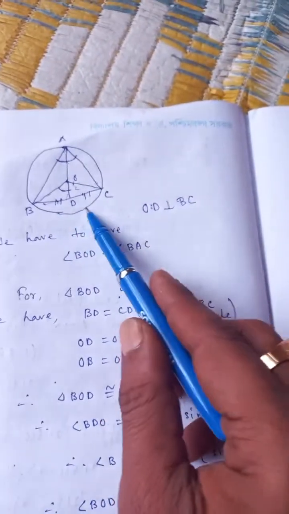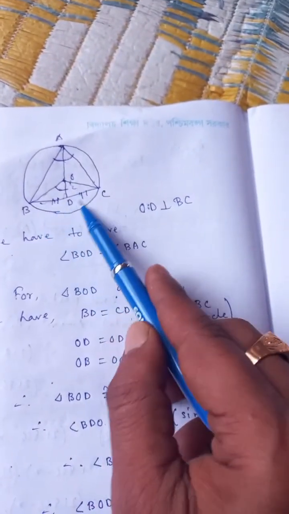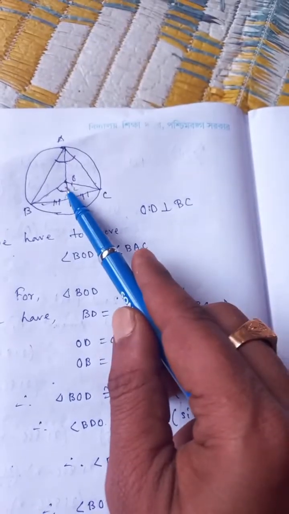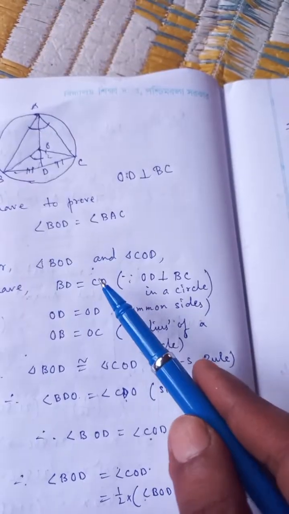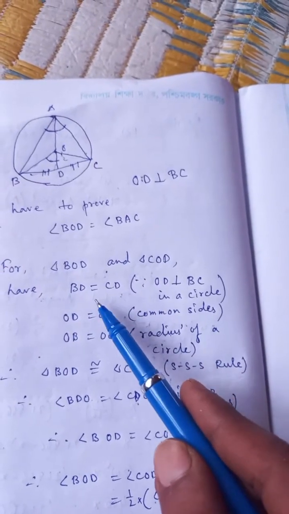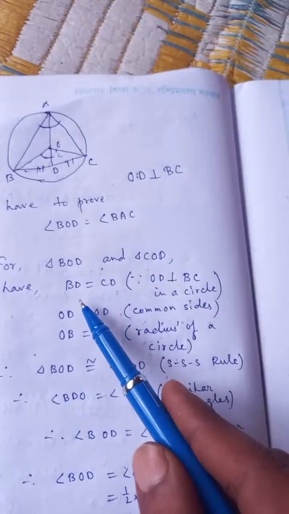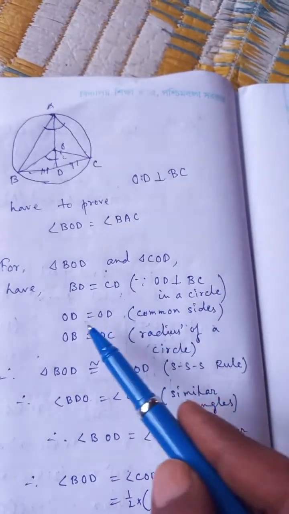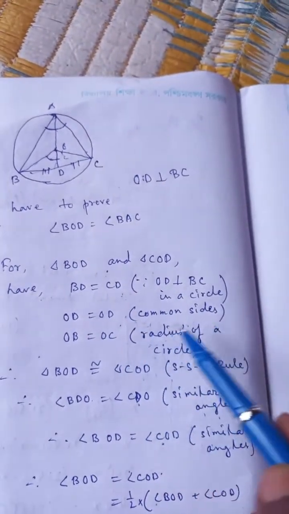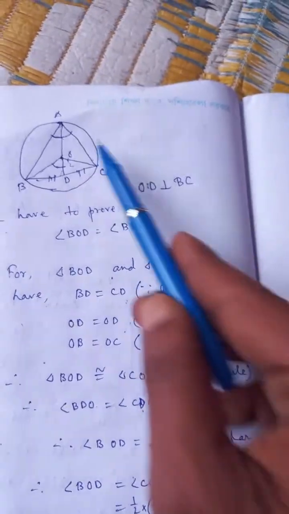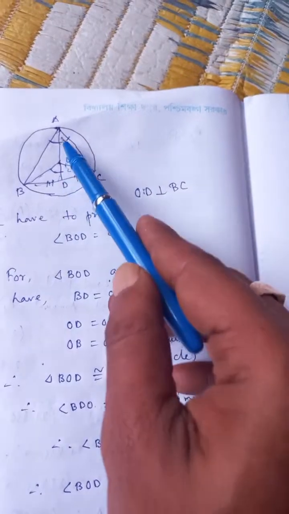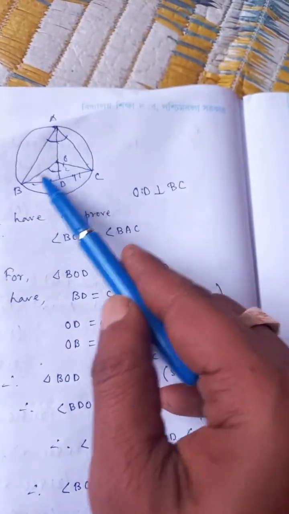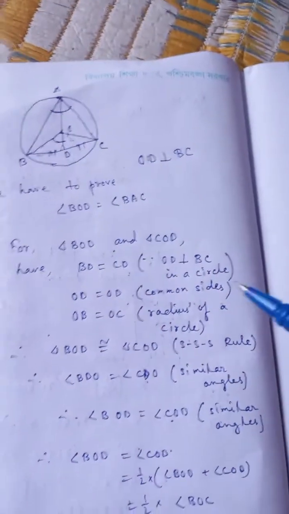Now if we compare these two triangles, triangle BOD and triangle COD, BD is equal to CD by the chord rule. OD equals OD, common sides, and OB is equal to OC, since O is the circumcenter of the circle, so these are radii and must be equal.